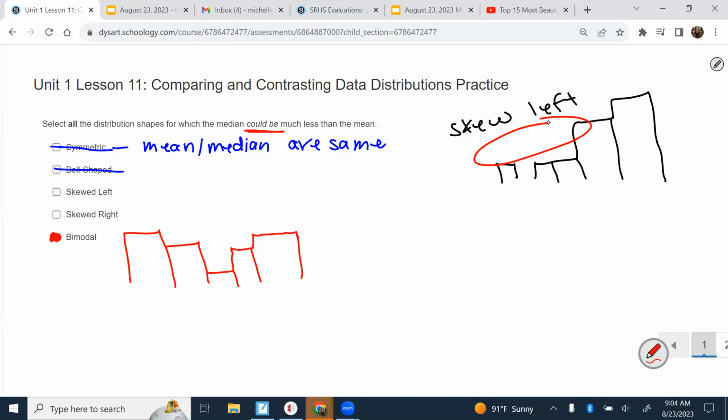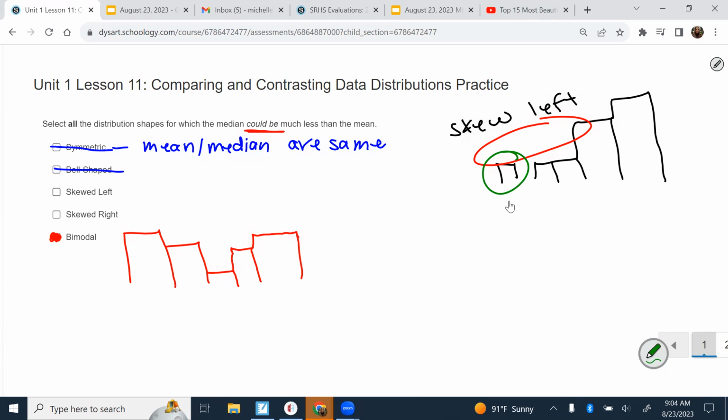So in that case, what do outliers do to the mean? Hold it in what direction? So if this is my graph and this is my outlier, my mean is being pulled left or right.